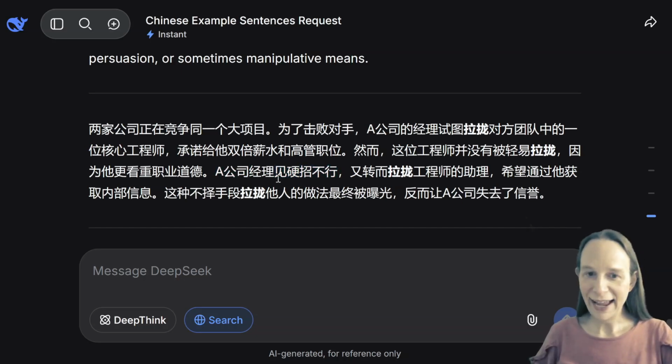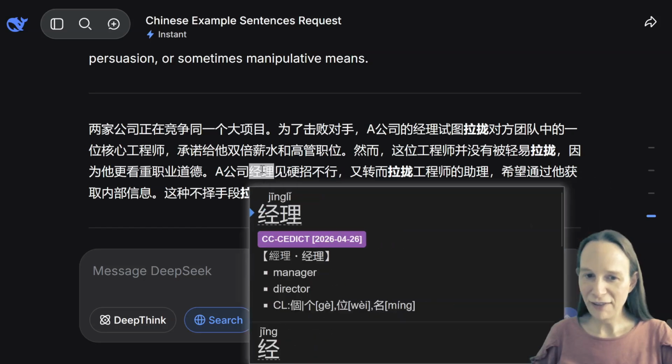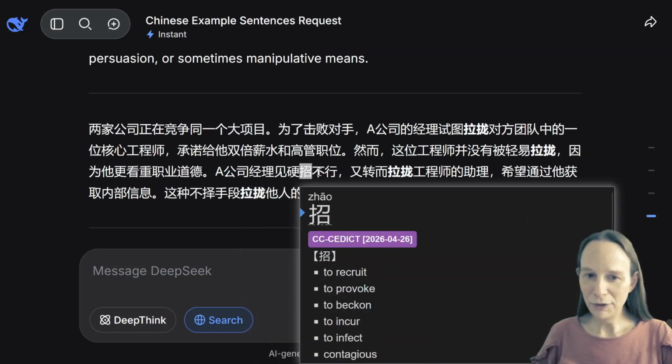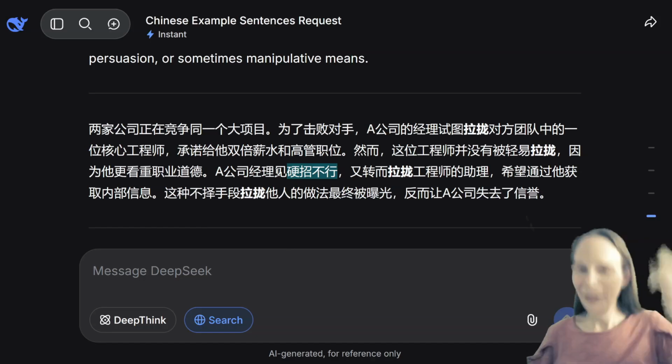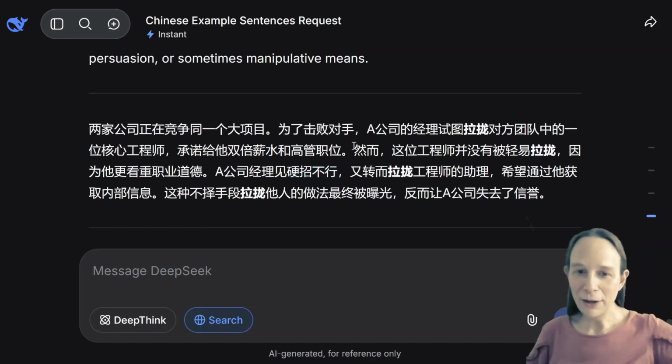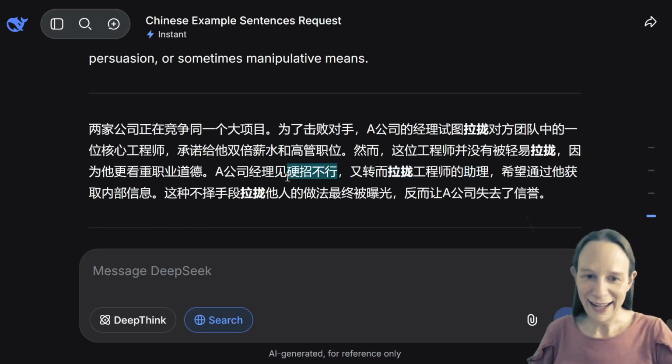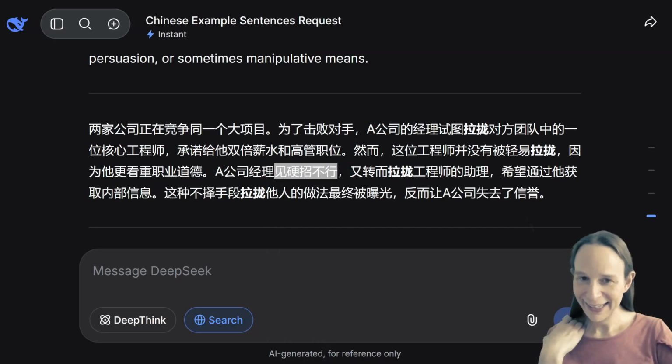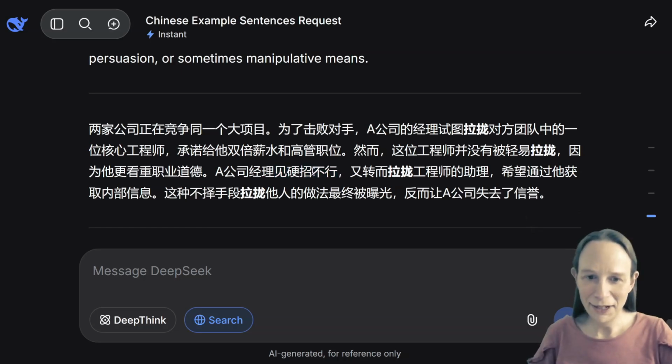Okay, so company A 建议, this is to view favorably. 应交不, I don't know, maybe that's a 成语。右转而拉拢工程师的助理。Okay. 见应交不情? Is 见应交 a word? Or maybe 应交 is a word.